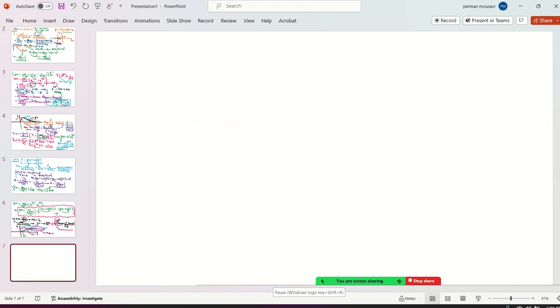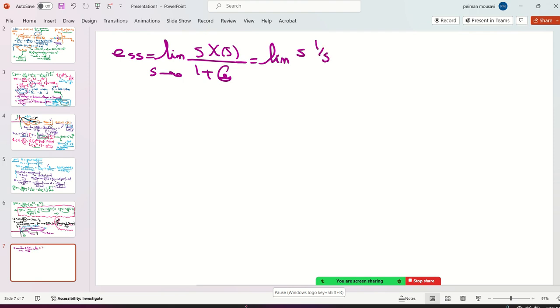So the final value theorem says e_ss is the limit as s goes to 0 of s times the input to the system over 1 plus G(s). Your input is step, 1 over s this time. 1 plus ωn² over s(s + 2ζωn).